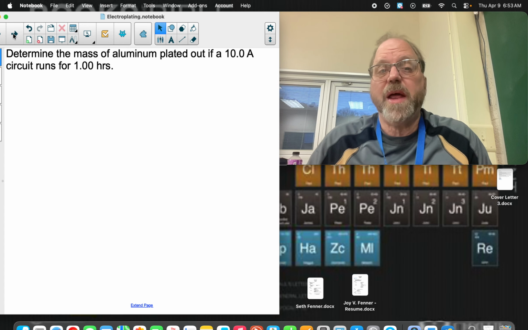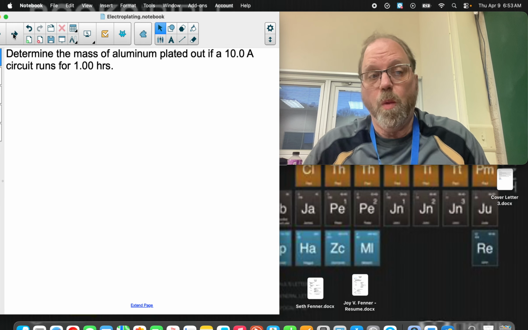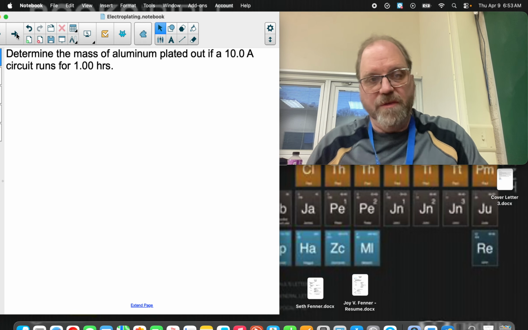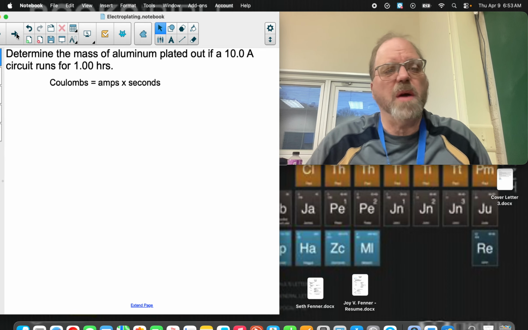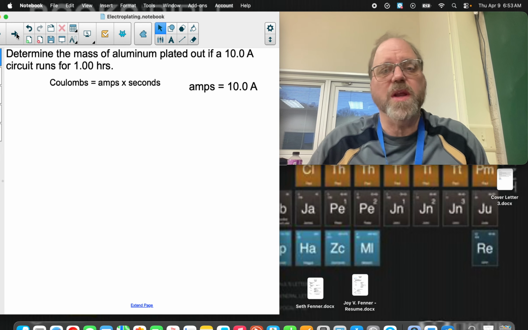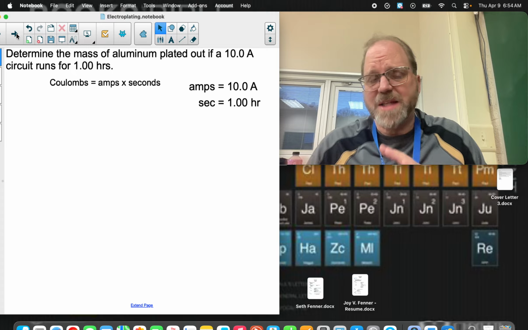Determine the mass of aluminum plating out if a 10.0 amp current runs for 1.00 hours. We're going to run it for exactly 1 hour at a current of 10, and let's see how much aluminum plates out. So start with our equation here. Coulombs is equal to amp times seconds. And we know that we have 10.0 amps, and we have 1.00 hours, but that's not seconds.